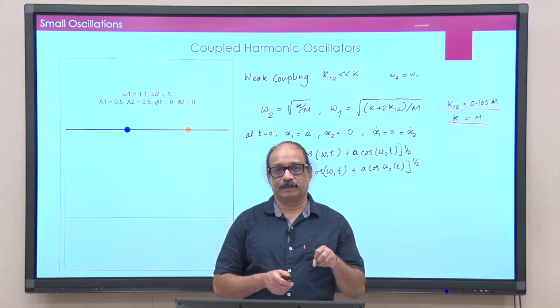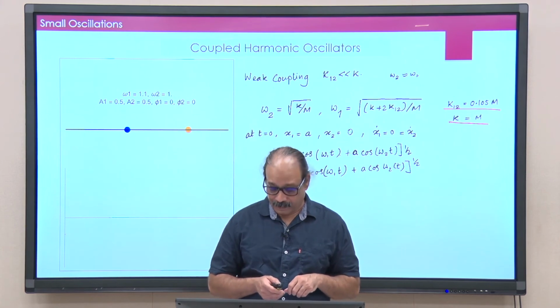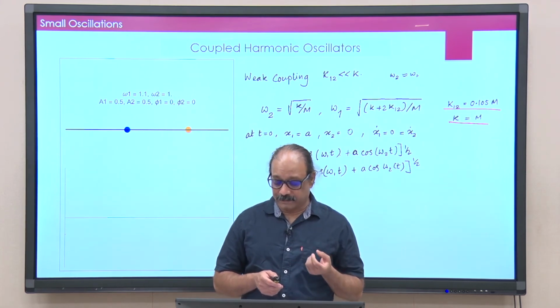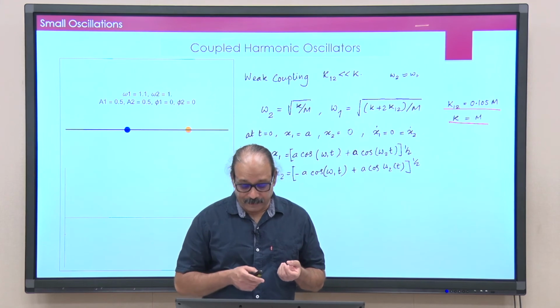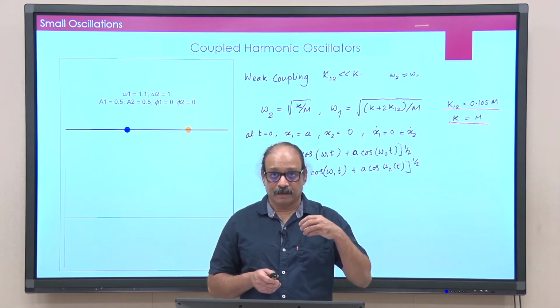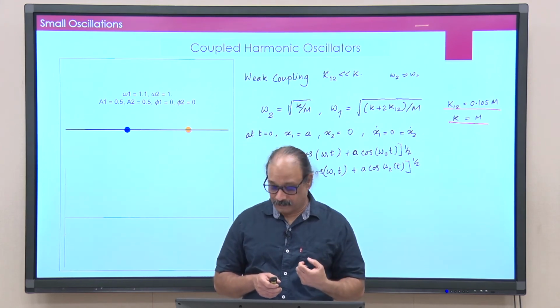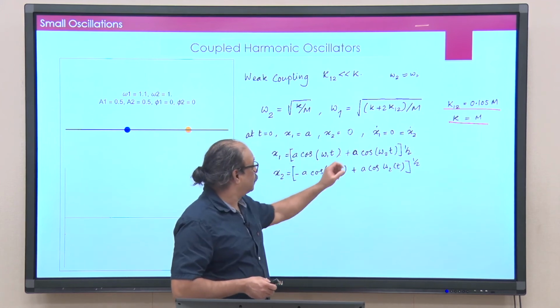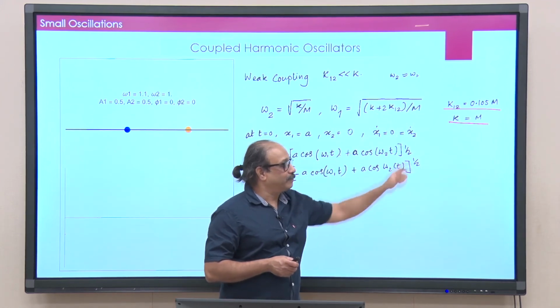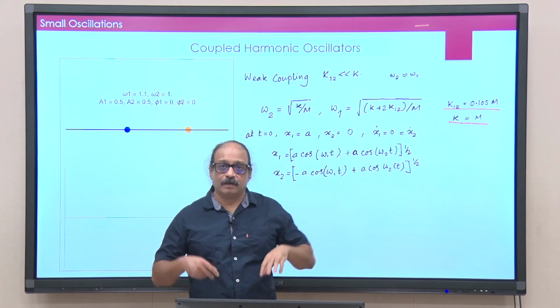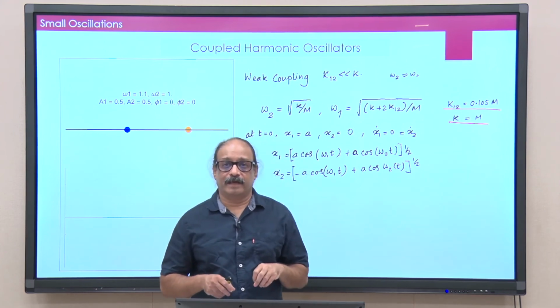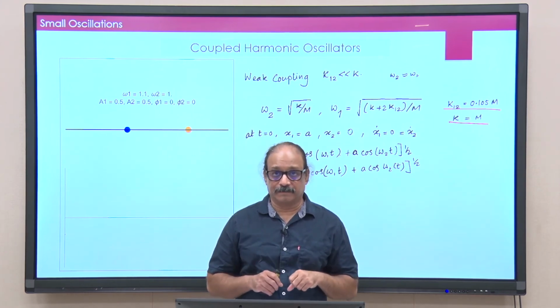I have chosen it as 0.105, and look at what happens to omega 1 and omega 2. They only differ by this factor here, twice K12 by m. If K12 is small, omega 1 and omega 2 are almost equal.